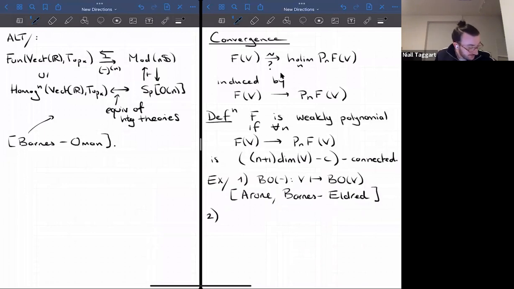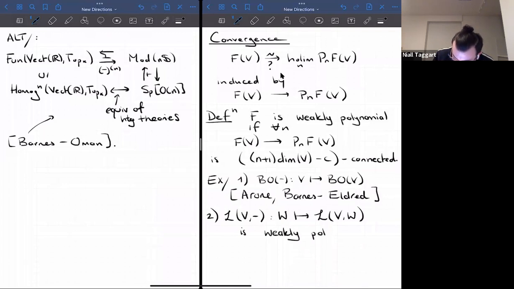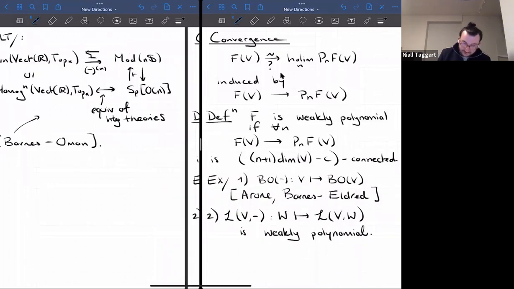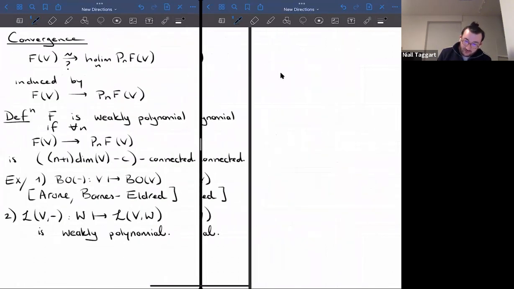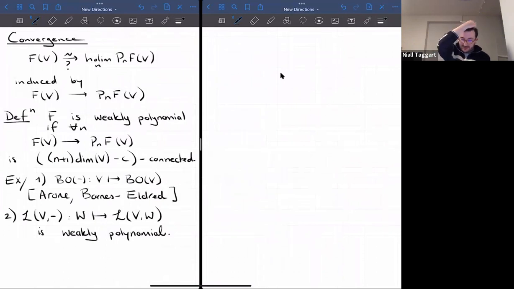Even more interestingly, if you look at the functor that sends a vector space, we call it W this time, to the space of linear isometries from some fixed V to W, then this is weakly polynomial. And you might be wondering, okay, that's a very particular functor.